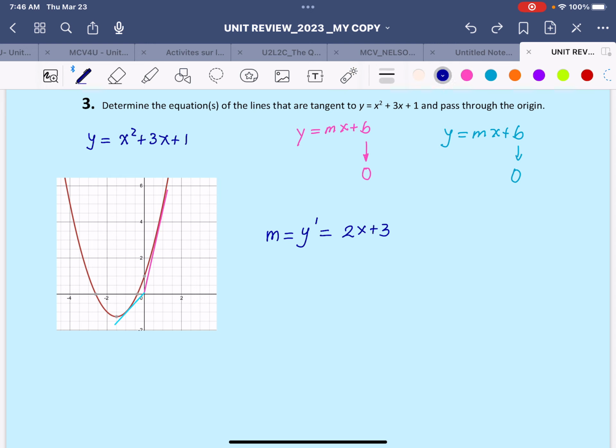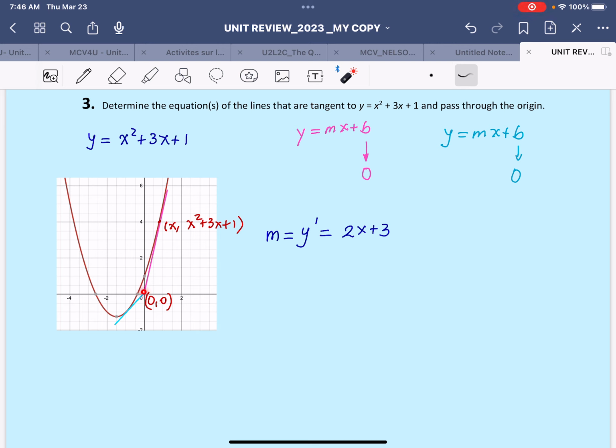So remember that the coordinates of any point on the parabola can be described by using the equation of the parabola. So at any point with coordinate x, the y-coordinate will be x squared plus 3x plus 1. So I want you to try to imagine that we are drawing a straight line, which in this case is tangent to the graph of this quadratic function.